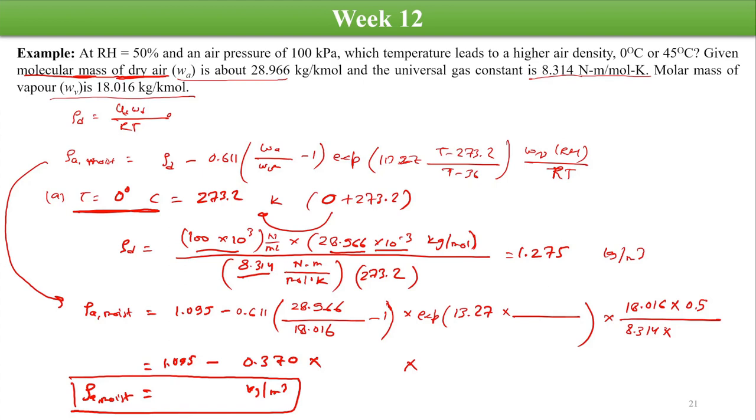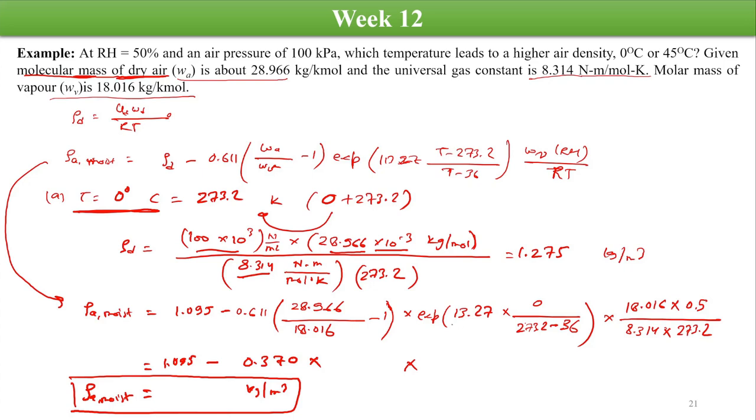Putting this value here, we will obtain, this one is 0, and the other is 273.2 minus 36, and here it will be 273.2.